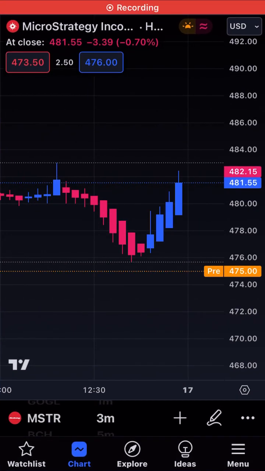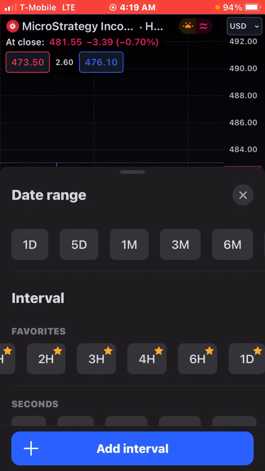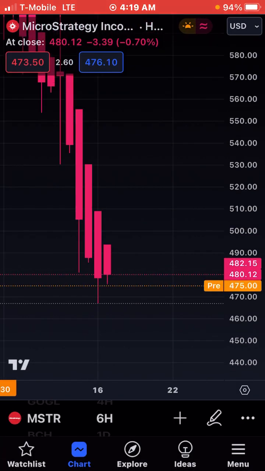But if you don't want to do options, and because the contracts are so expensive, what I would do is I would look for all the moments where it's going up. It's not going up right now. So for this particular stock, if I wanted to just trade it, I would wait for there to be 2 solid candles up on the 6 hour.